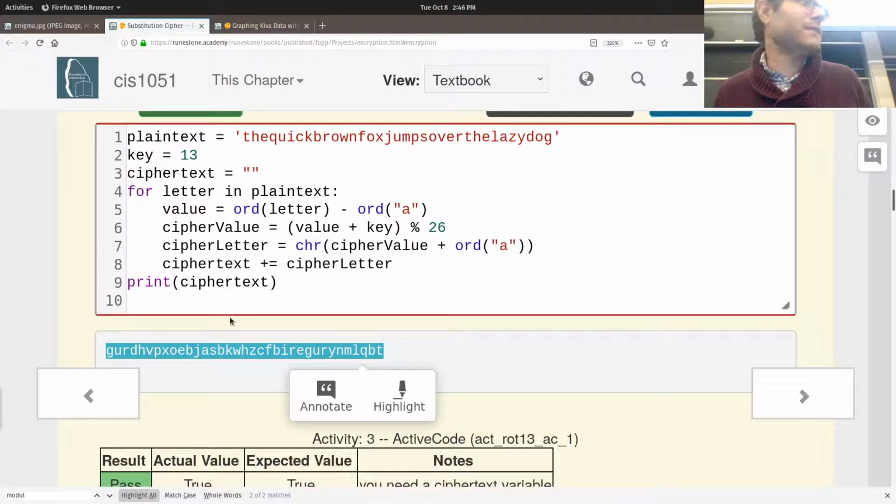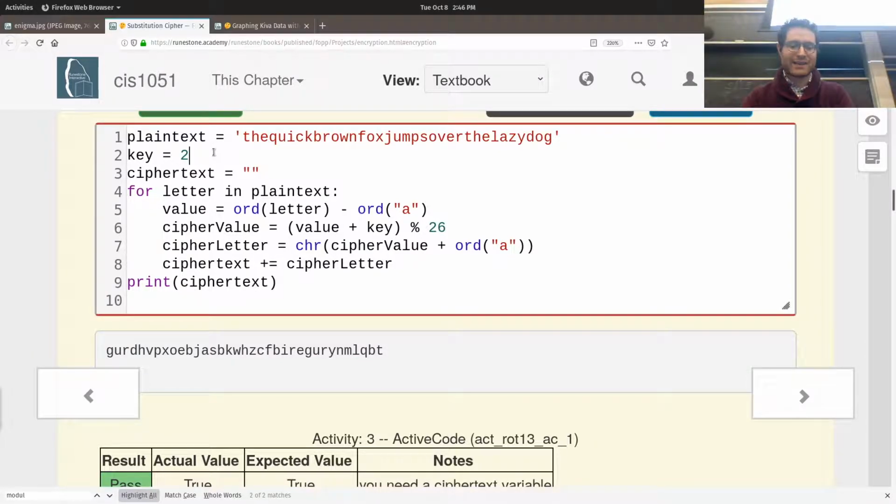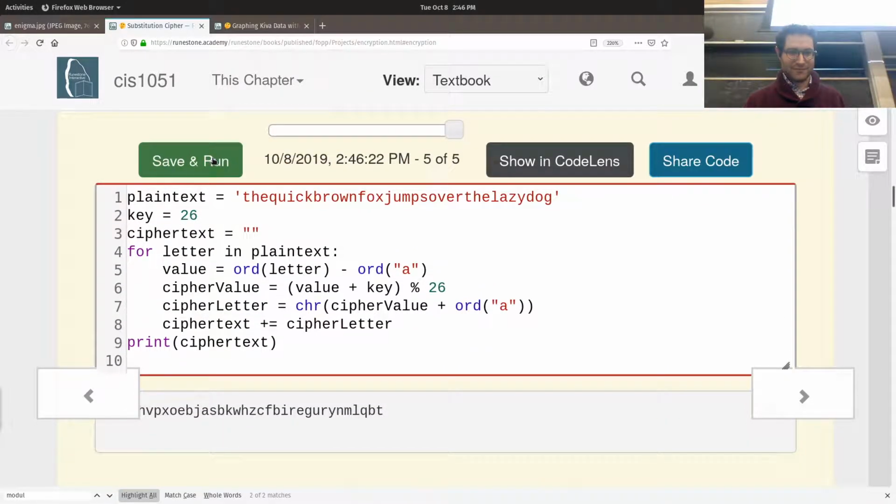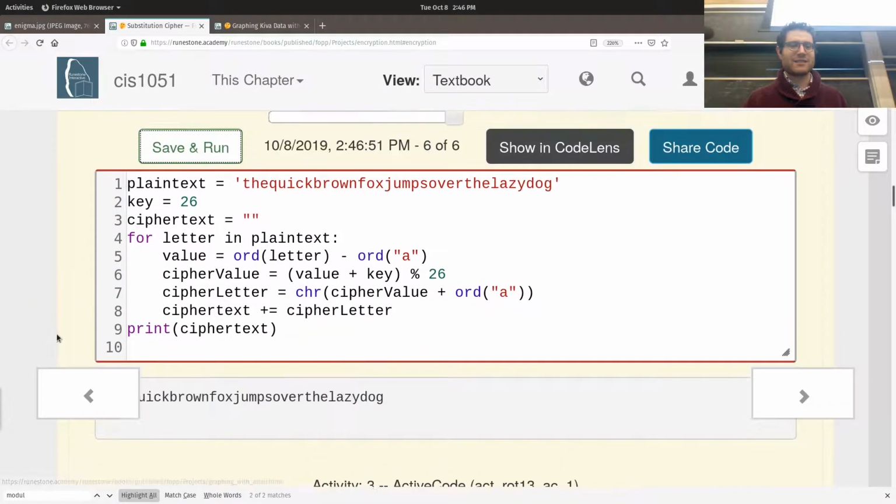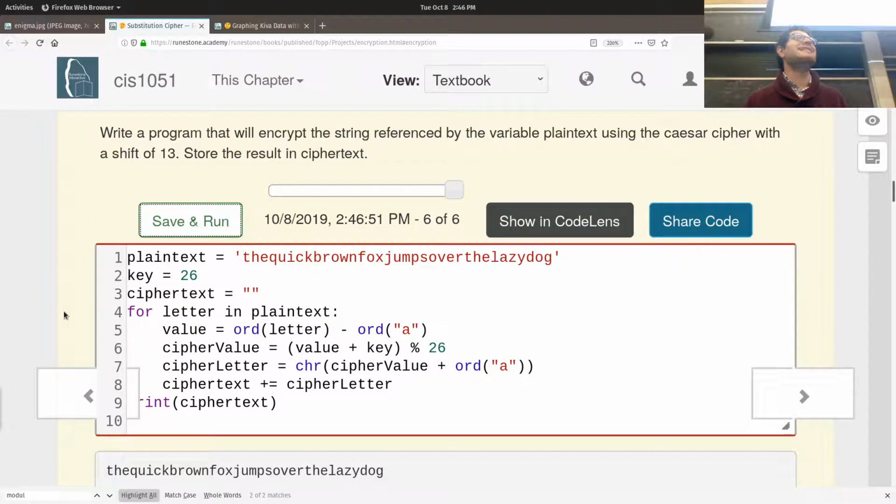So the one thing about it being rotating something forward 13 letters, how many letters are in the alphabet? 26. So what happens if I wanted to encrypt this by rotating the letter forward 26? It is a Caesar cipher that does absolutely nothing, right? Asking for letter 26 after brings you back to the beginning.